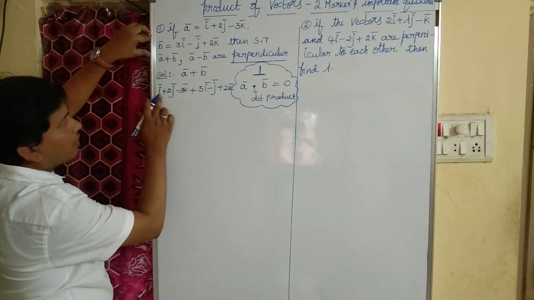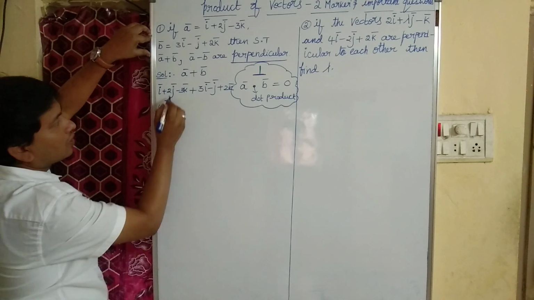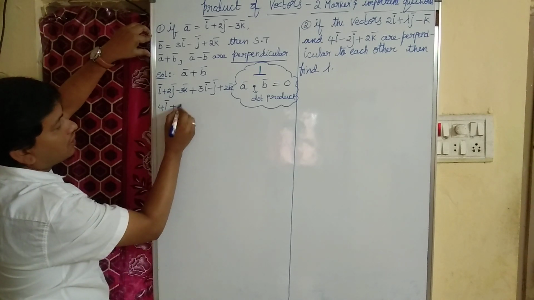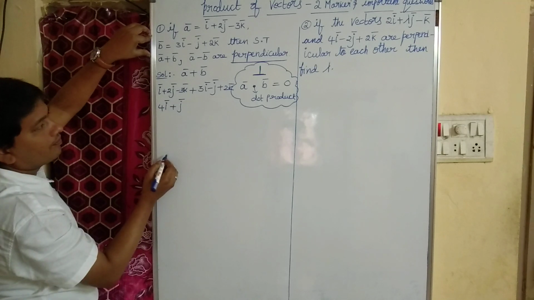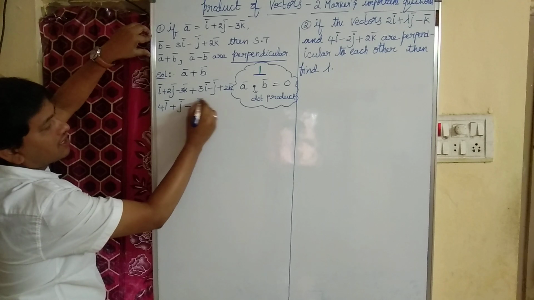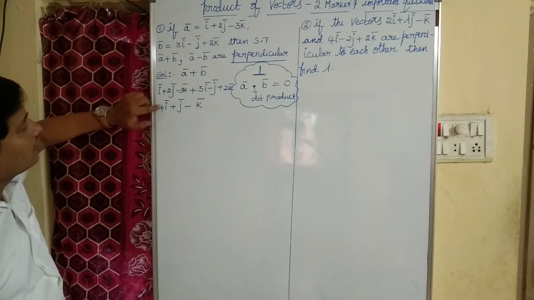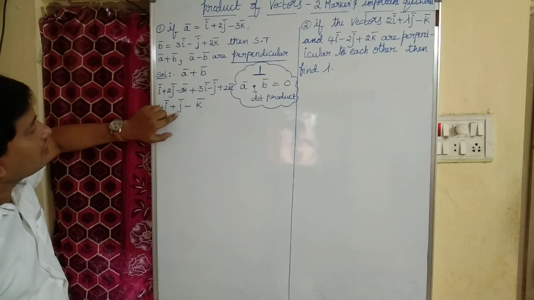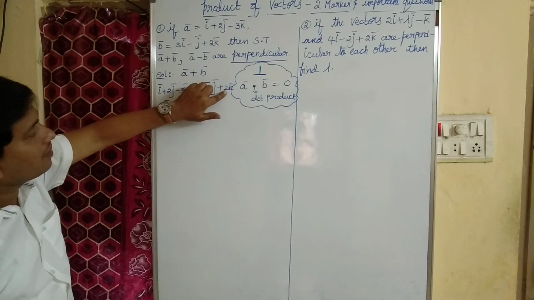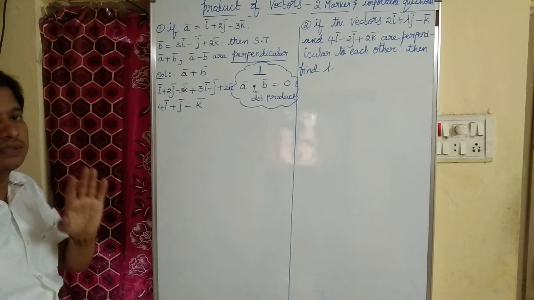I bar plus 3I bar is 4I bar. 2J bar minus J bar is plus J bar. Minus 3K bar plus 2K bar is minus K bar. That is A bar plus B bar.